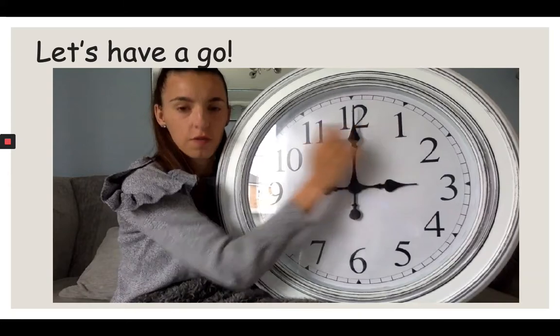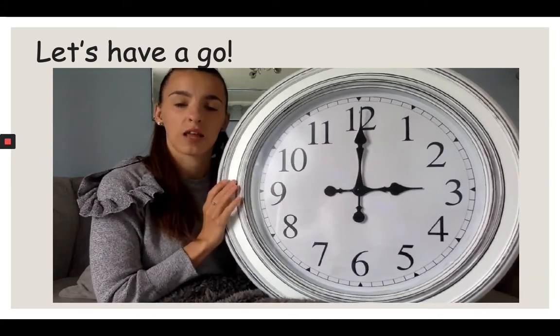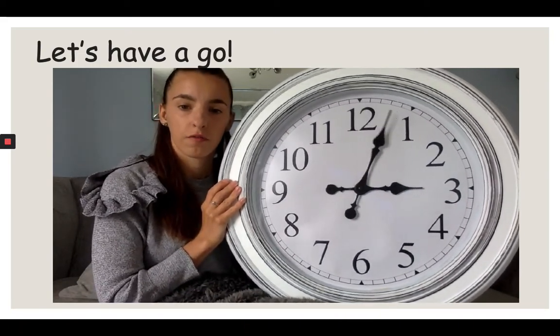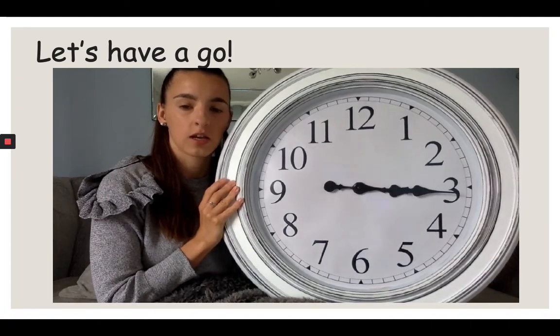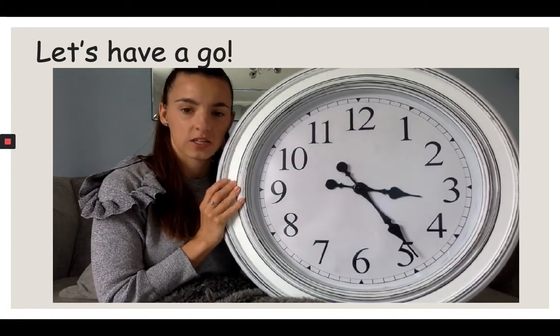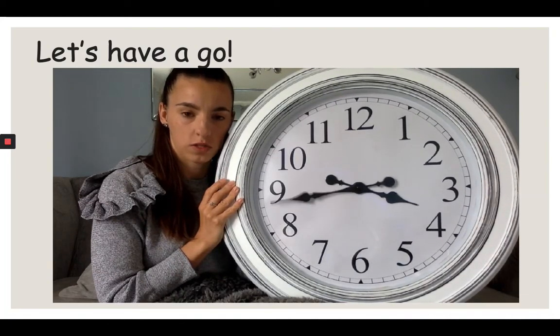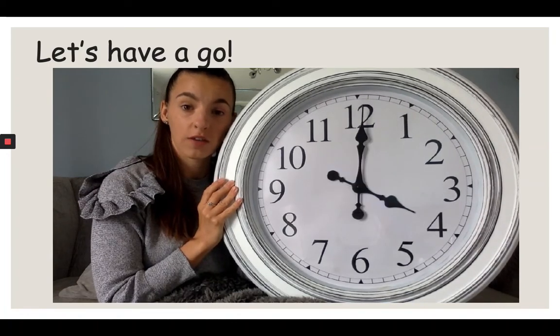So we're using our counting of fives to help us with telling the time. We're starting at 0, 5, 10, 15, 20, 25, 30, 35, 40, 45, 50, 55, 60.